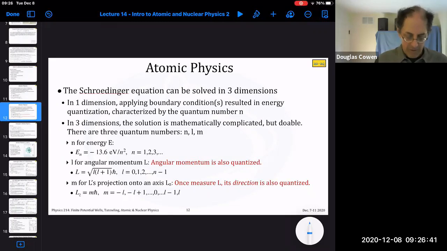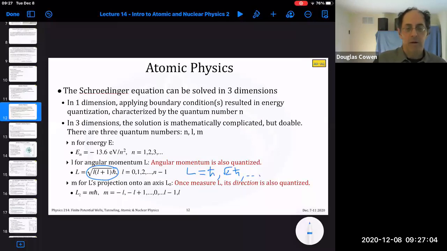So if you plug in different values of l here, you see, for example, if little l is equal to 0, then we just have 0 times h bar. If little l is equal to 1, then we have square root of 2 h bar, and so on. So those are the values that L can assume.